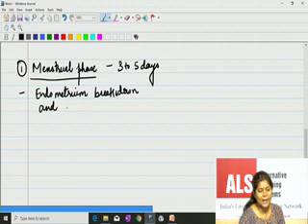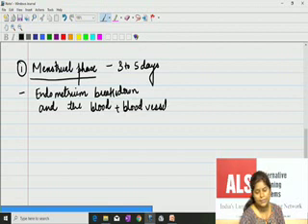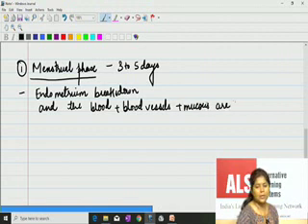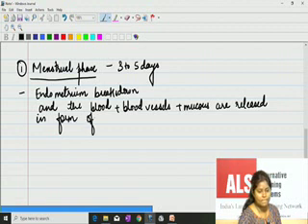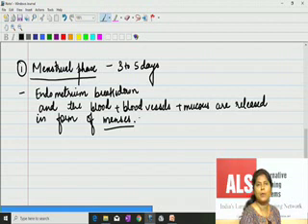The endometrium breaks down and blood vessels and mucus are released in the form of menses. So this is the menstrual phase of the menstrual cycle.